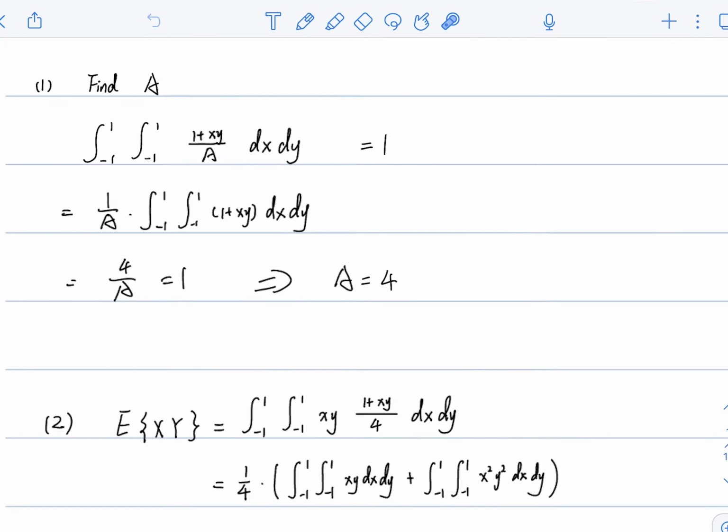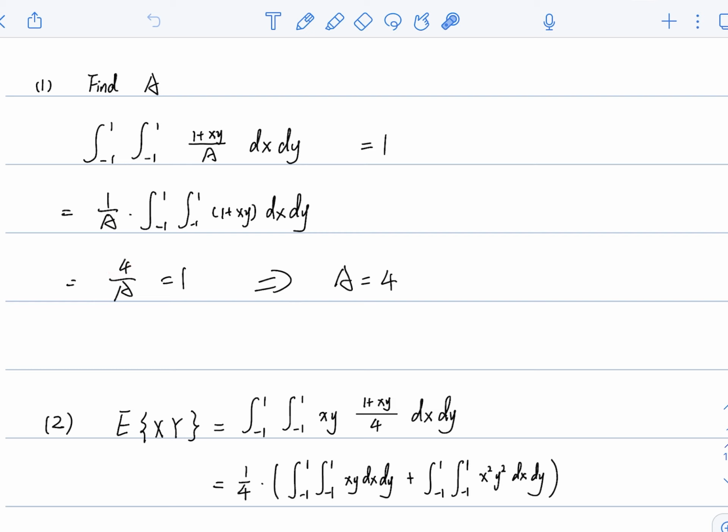Next, because a can be separated and divided separately, we can rewrite the formula like this, and the integral of 1 + xy dx dy is equal to 4.